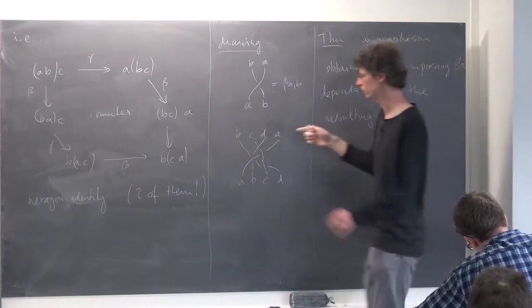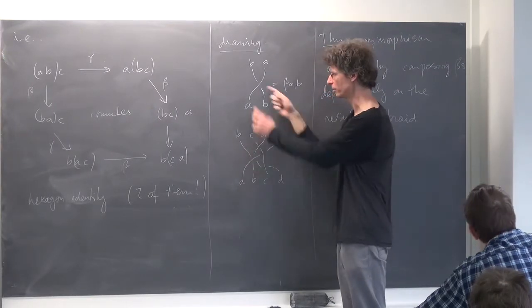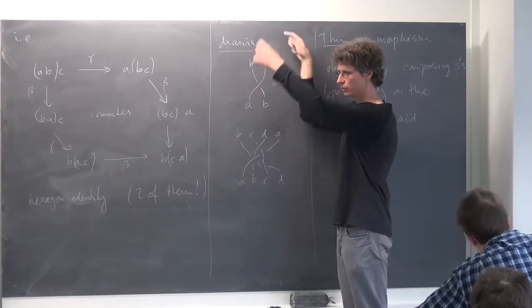Which literally means that I start composing betas, just do those elementary crossings, and obtain some braid.